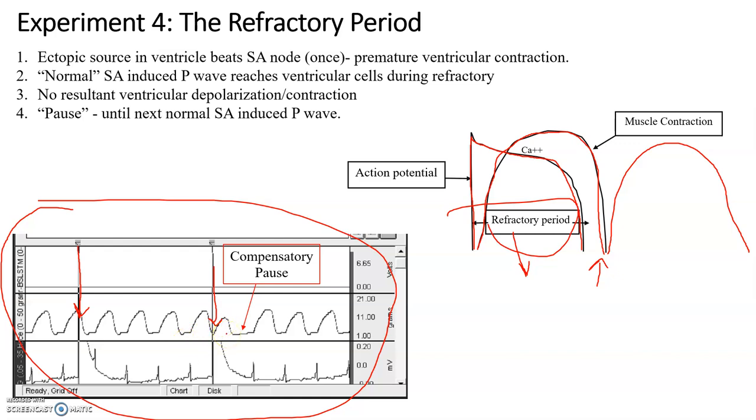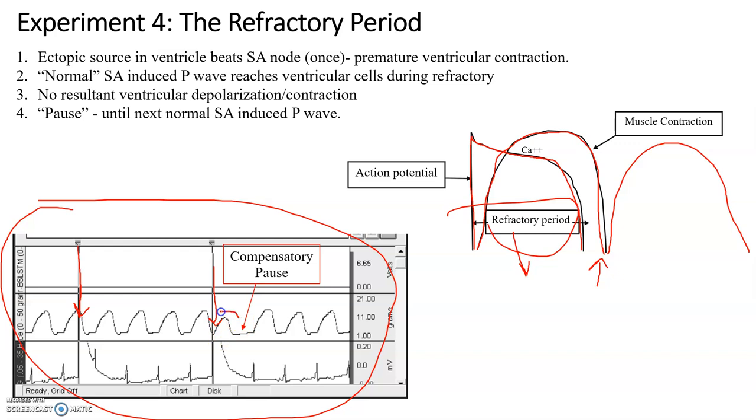And so what this represents is basically we're beating the signal from the SA node as it goes through the AV node and into the ventricles. And so we're creating an ectopic source on the ventricles, which should then depolarize the ventricles before the signal coming from the SA node depolarizes the ventricles.